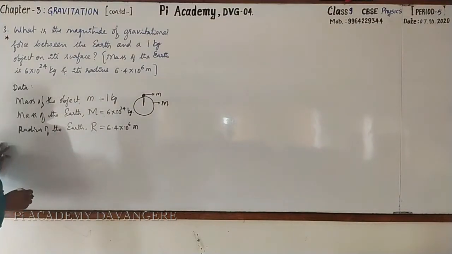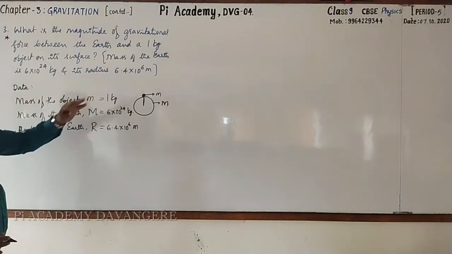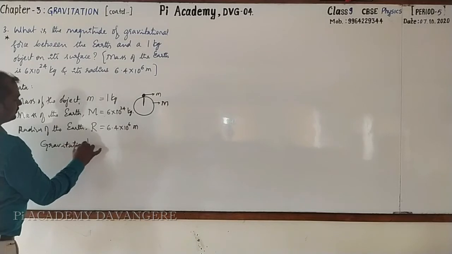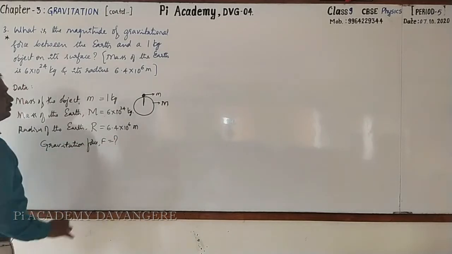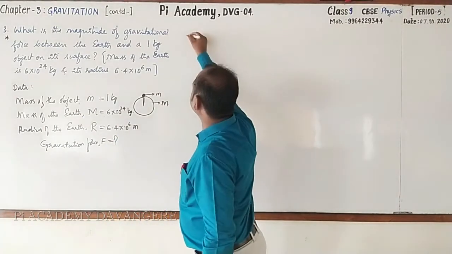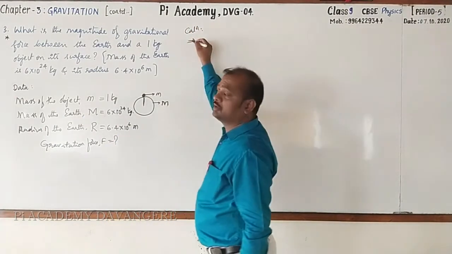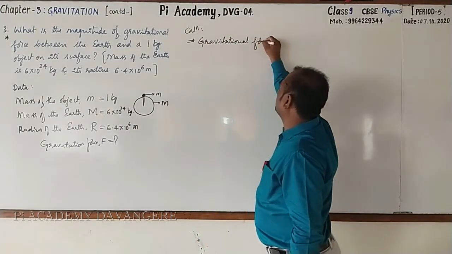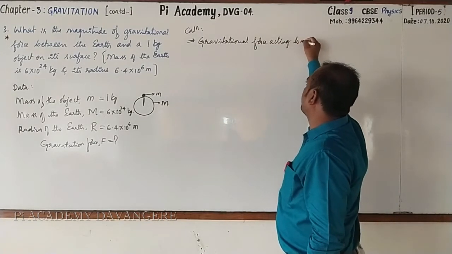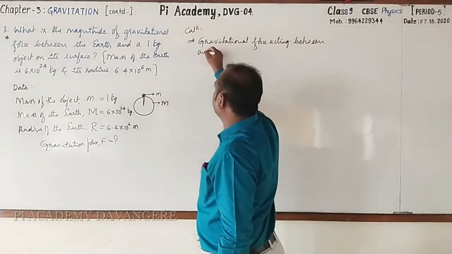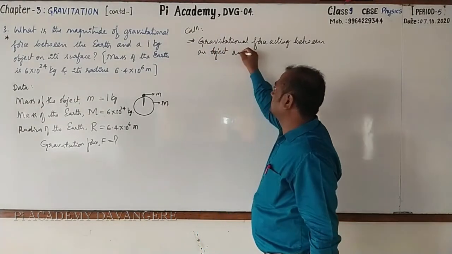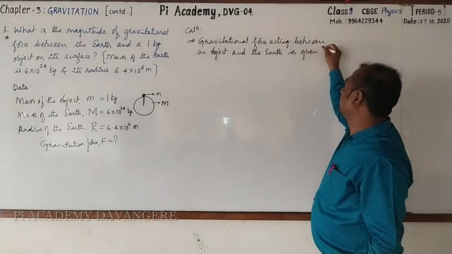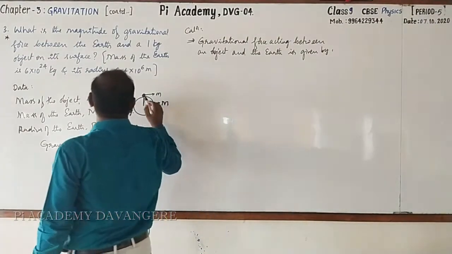You are going to find out the gravitational force acting between the object and the earth. Here I'll write gravitational force, that is F is equal to question mark. Calculation. Please go on writing with me. Gravitational force acting between an object and the earth is given by, see, moreover the object is on the surface of the earth.